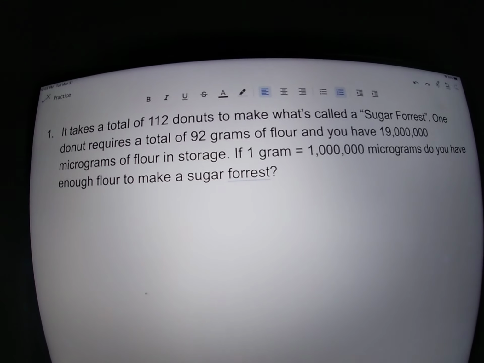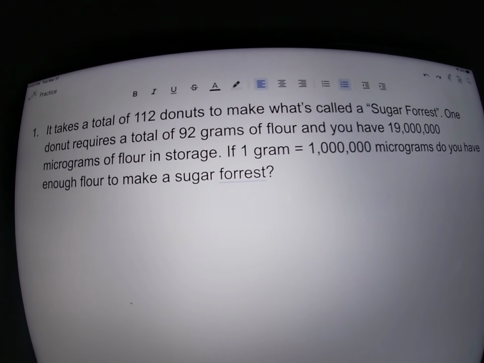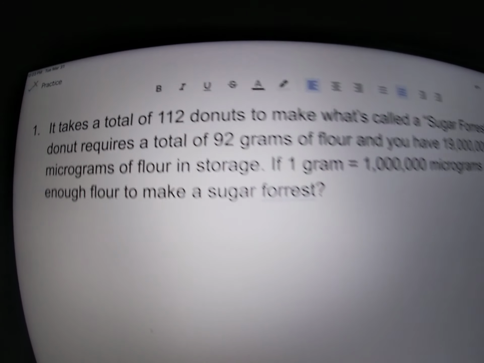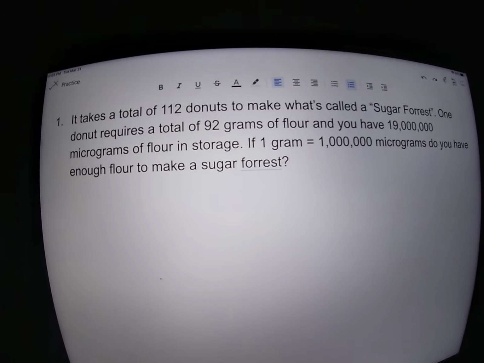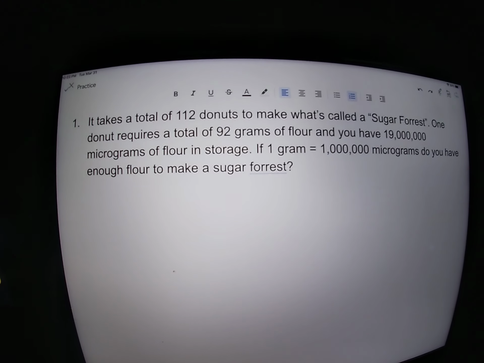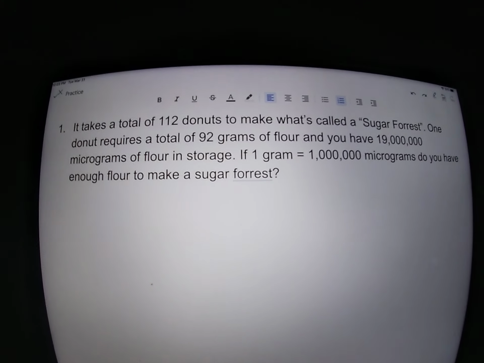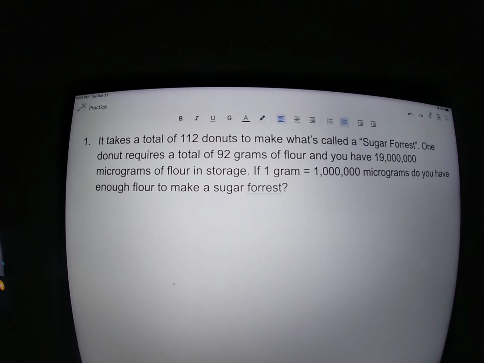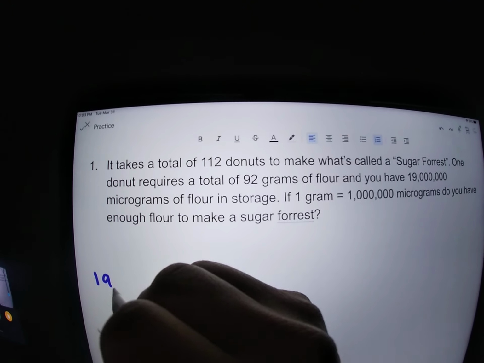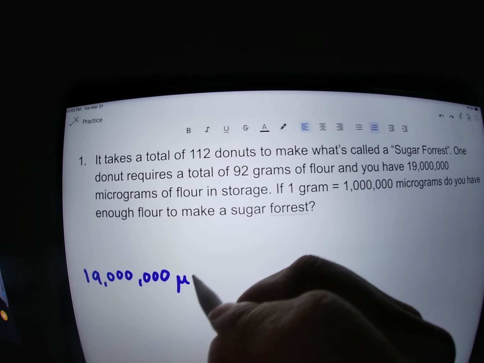So first and foremost, we have a requirement. At the top, we want to see if we have enough flour to make 112 donuts. I'm going to start off with what we have. One donut requires, and you have, okay, we have 19 million micrograms.